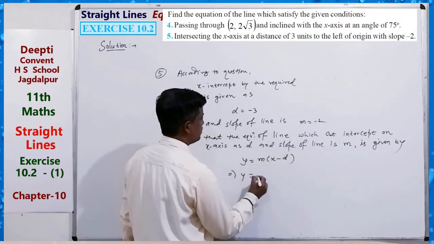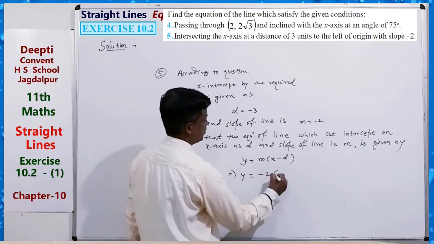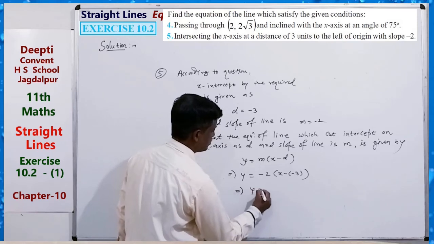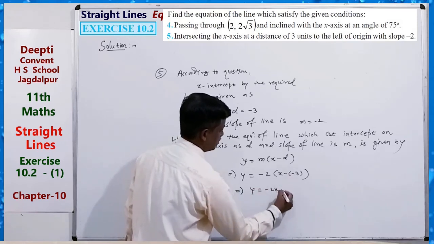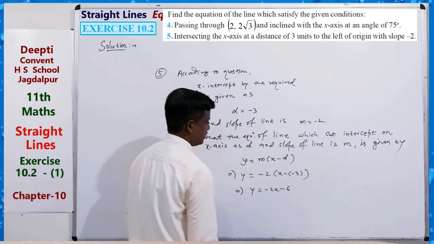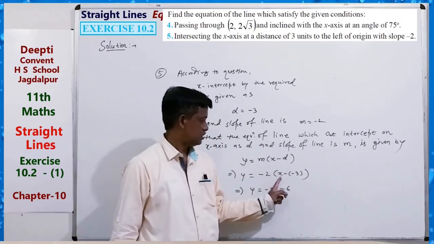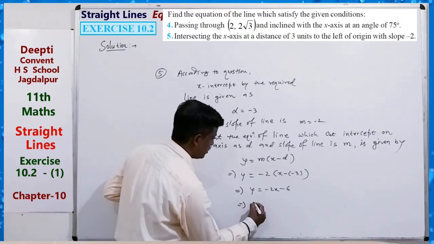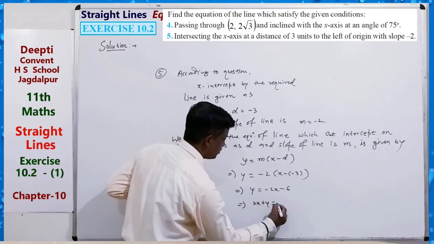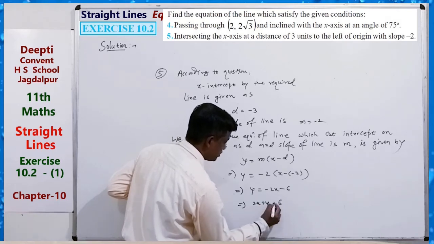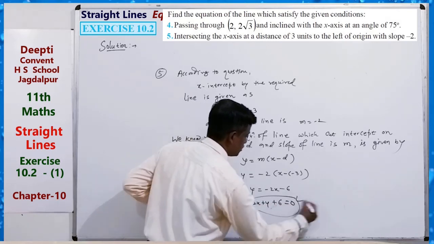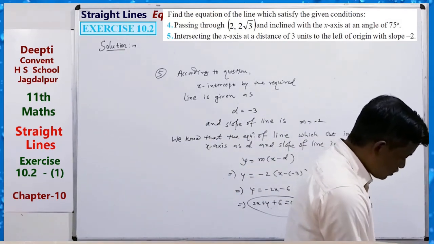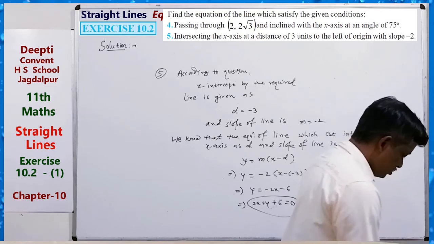So y equals m, which is minus 2, into x minus of minus 3. So here we get y equals minus 2x minus 6, because x plus 3. So we get 2x plus y plus 6 equals 0. So this is our solution to question 5: 2x plus y plus 6 equals 0.